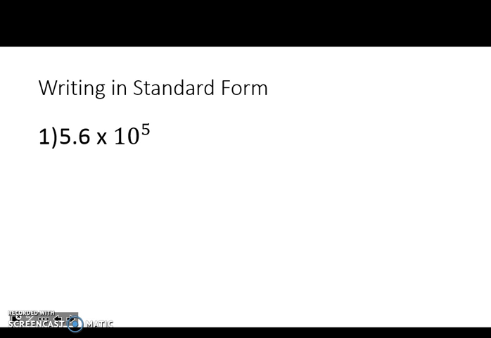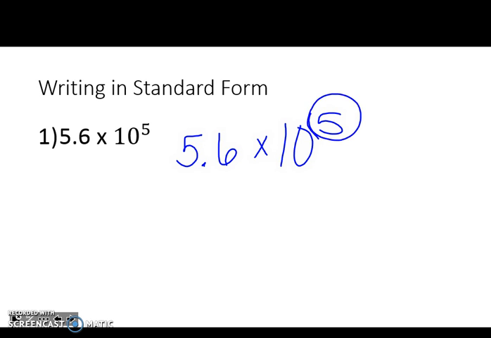The only thing you're going to do is move the decimal. So if I have the number 5.6 times 10 to the 5th, what this exponent is telling me is how many times to move the decimal, and which direction I need to move.